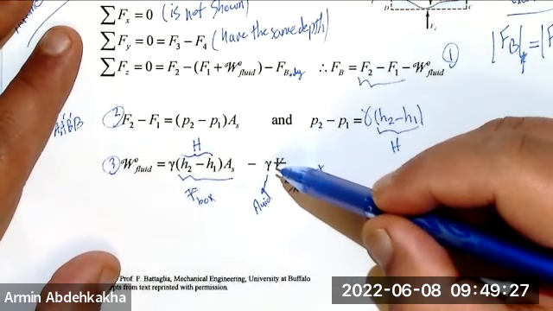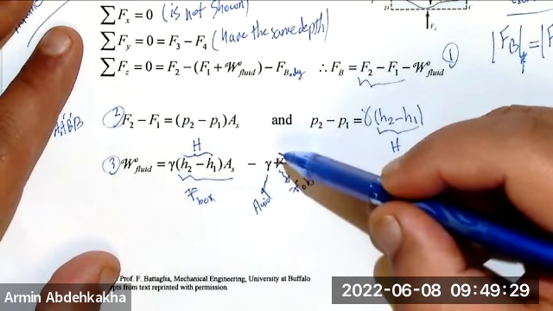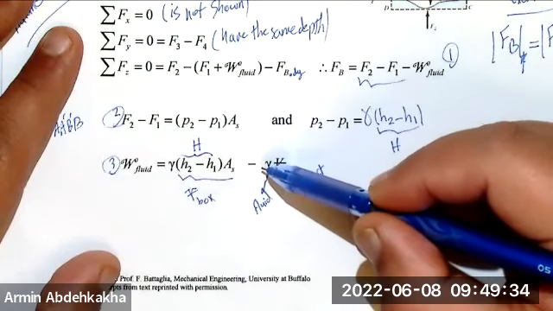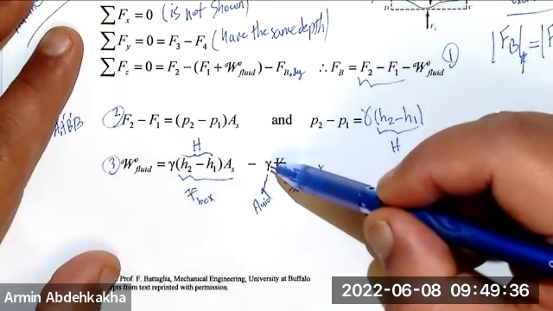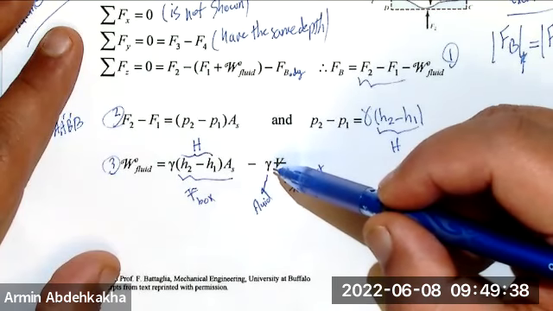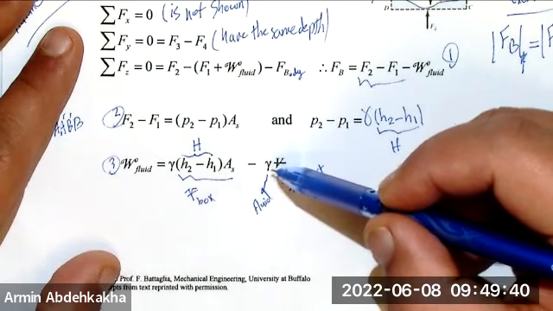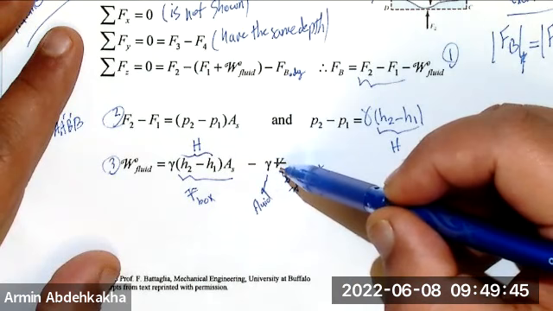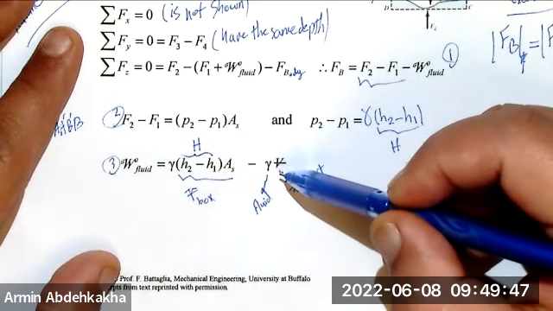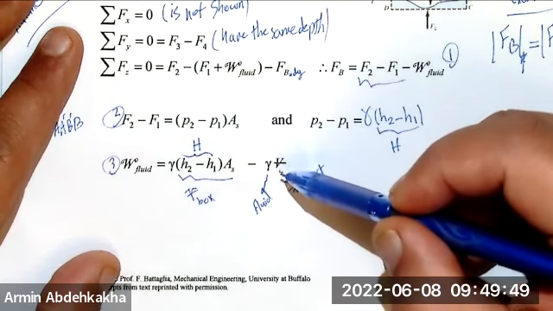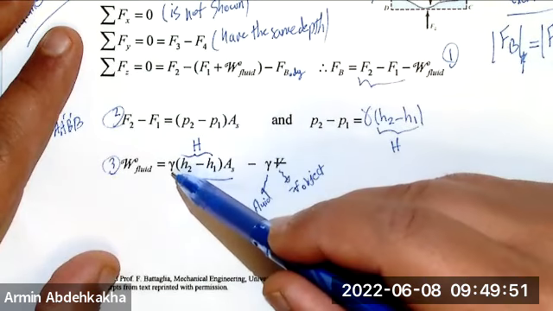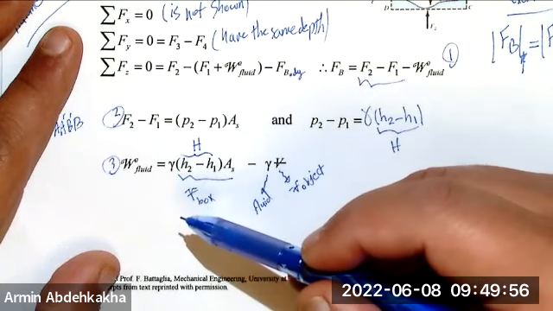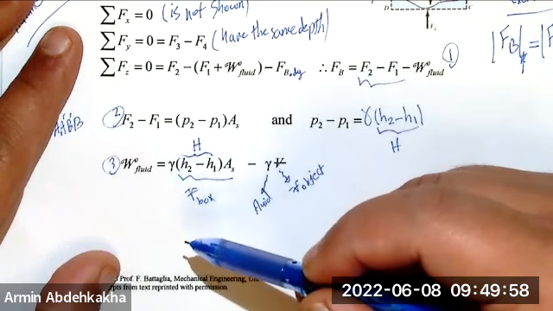Just because I know that maybe that's a question: we are not calculating the weight of the object to deduct from the weight of the fluid. We are getting the weight of fluid using the volume. Then this gamma and this gamma are the same for fluid. You have two methods to find the weight.